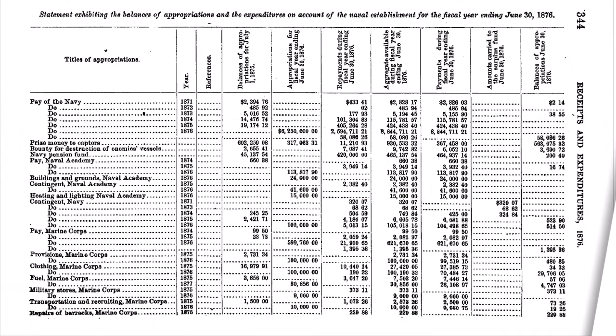You can see they have balances they brought forward from the appropriations for the years, repayments, overall available funds during the year, and then payments during the fiscal year, and then amounts carried forward. This information is really useful, but when compared to today's budgetary accounting, it's not as comprehensive. This is reporting about overall amounts and balances without getting into too granular detail.